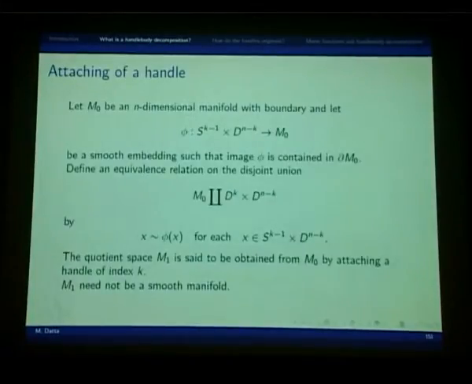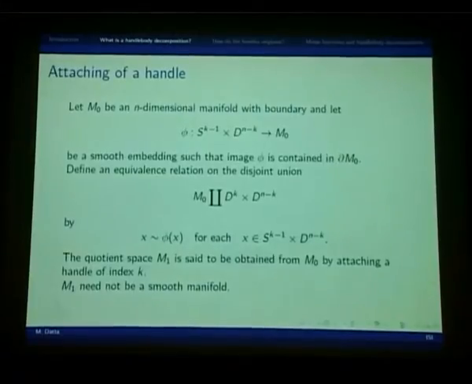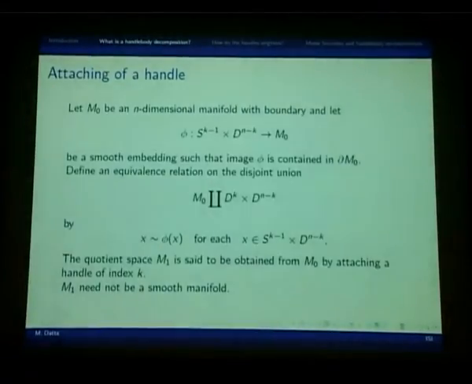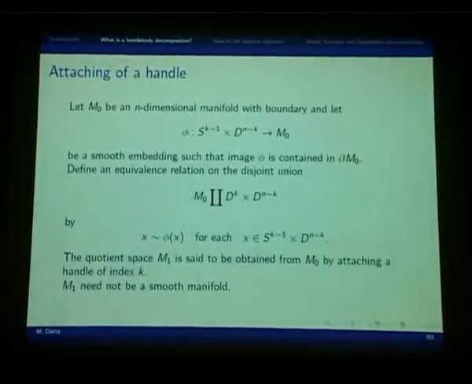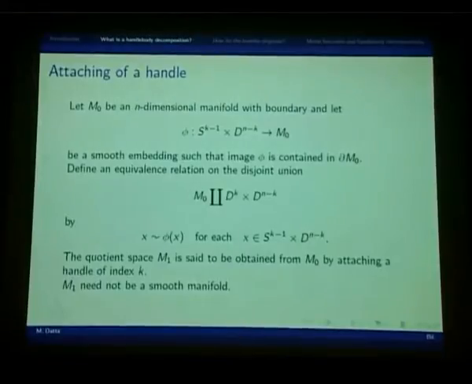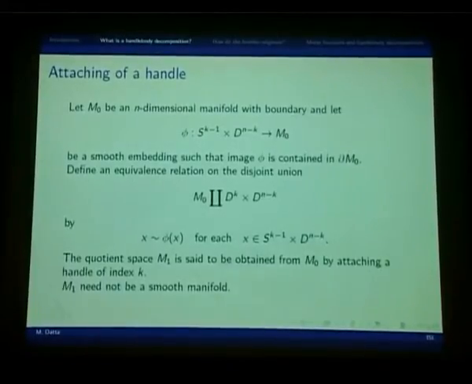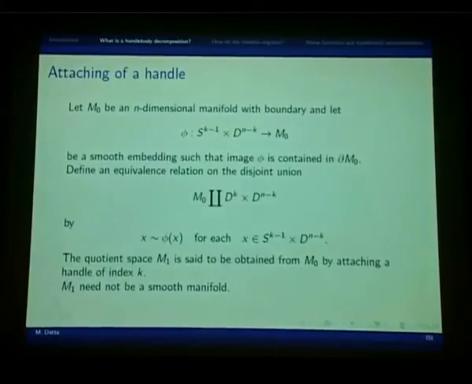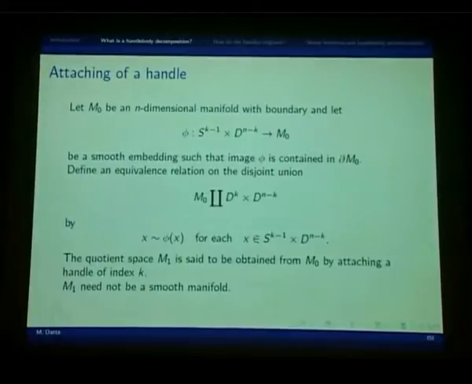Okay. So attaching of a handle. Suppose you have some manifold M0, an n-dimensional manifold which has some boundary, and D^k × D^(n-k) is the object that we considered just now. We have a smooth embedding phi from S^(k-1) × D^(n-k).